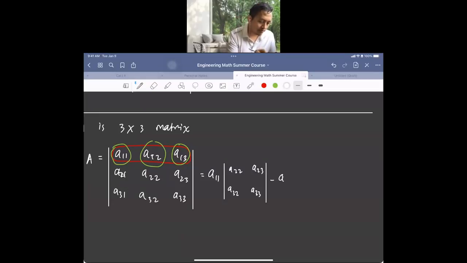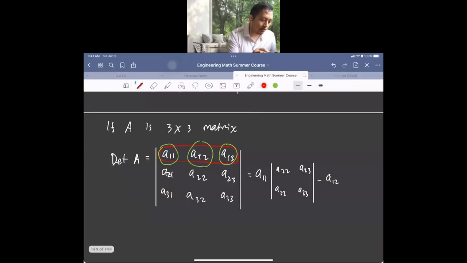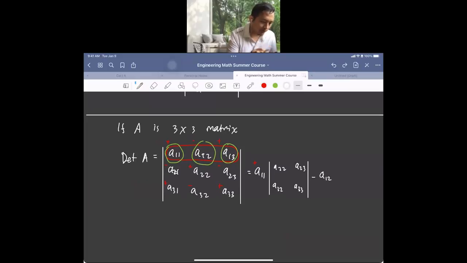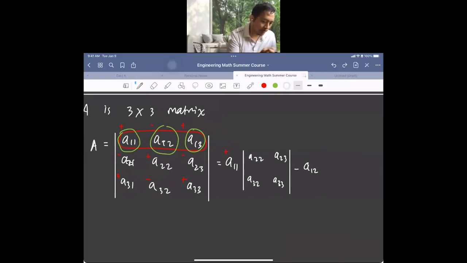And then minus A12. These are called the cofactors. The signs of the cofactors go positive, negative, positive, negative, positive, and so on. It's positive here and then negative here, so it becomes negative over there.